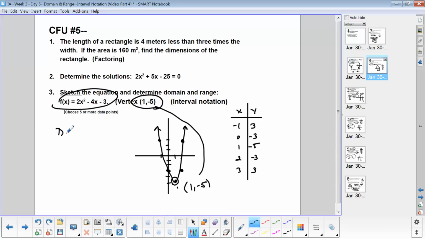So the domain would be -infinity to +infinity, and the range would be where it bottoms out at -5, comma, to +infinity. -5 meaning it's the smallest value on the graph, and then moves up all the y values up to the +infinity, and then all the x values. What are all the possible x values? To the left, infinite. To the right, infinite.